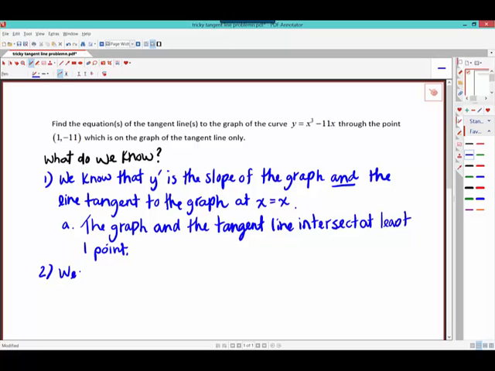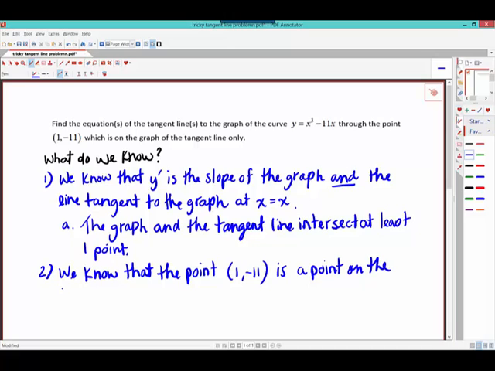Secondly, we know that the point (1, -11) is a point on the graph of the tangent line.